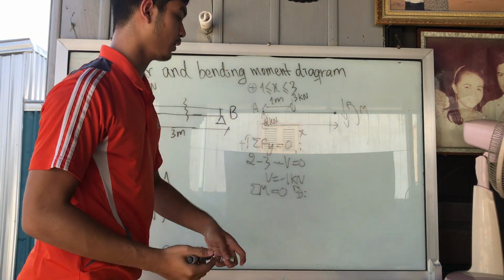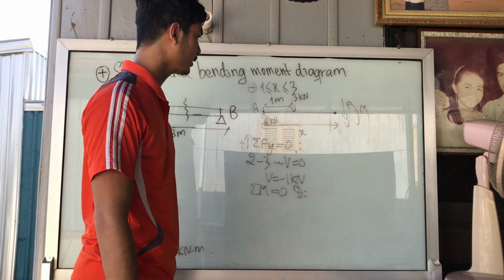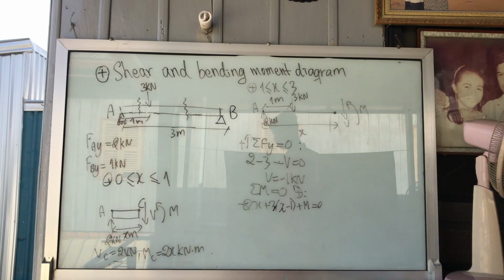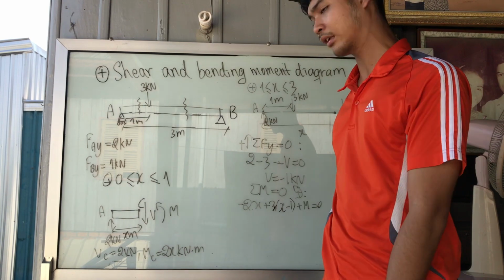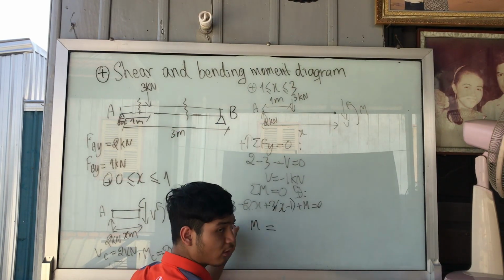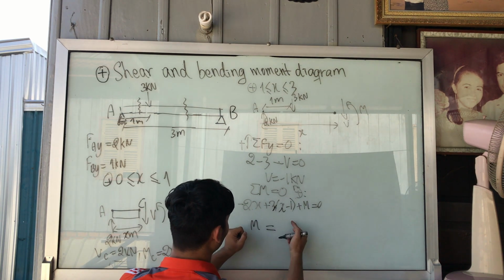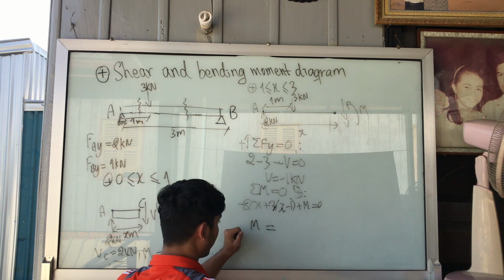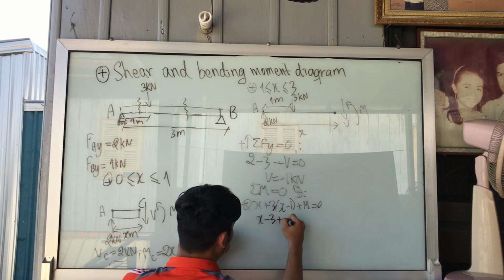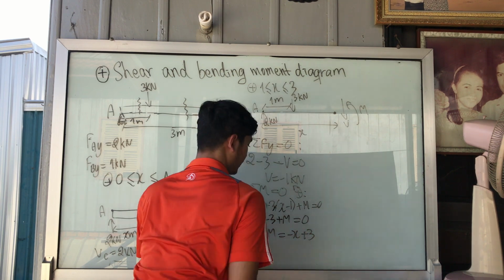This is the positive direction. Solve the equation. We get M equal to minus x plus 3.